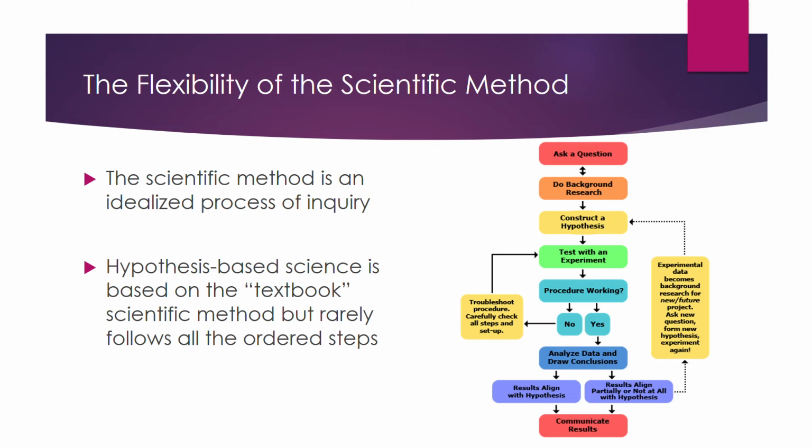It's also important to note that there's even non-hypothesis driven science. So hypothesis-driven science goes in the sequence you see here, but non-hypothesis-driven science is going to be something like where a scientist might say, let's sequence all of these genomes or look at gene expression levels for all of this tissue or these groups of people and then compare them to different groups and see if we notice patterns, right?